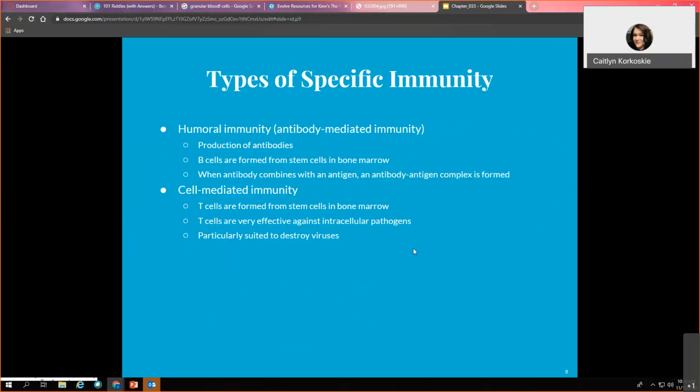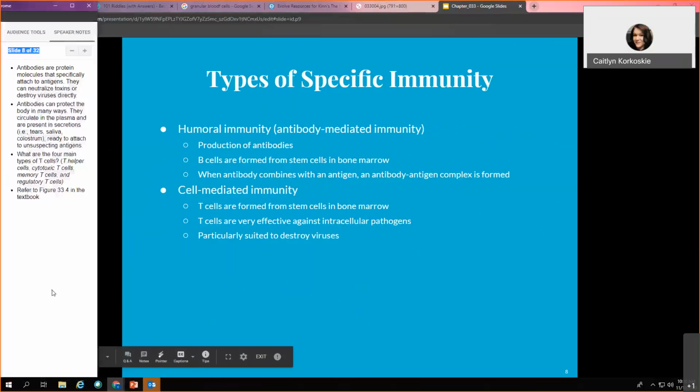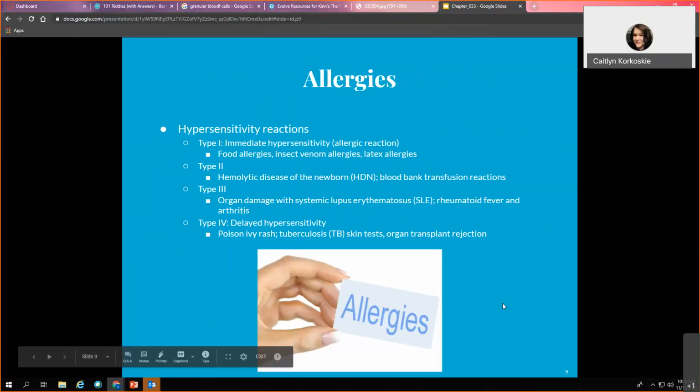So, yeah, my notes. There are specific things in here I want to go over. Allergies are another type of immune system response, and you have the different types here. You have immediate hypersensitivity, which is usually an instant allergic reaction, sometimes to food, insect bites, or latex.